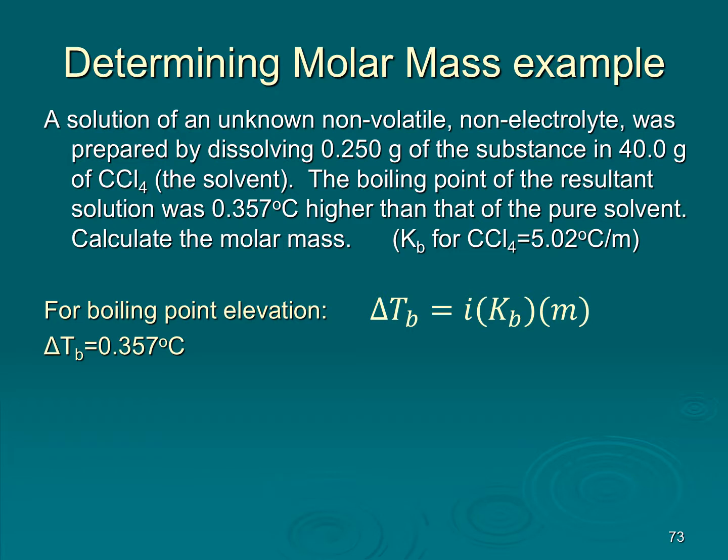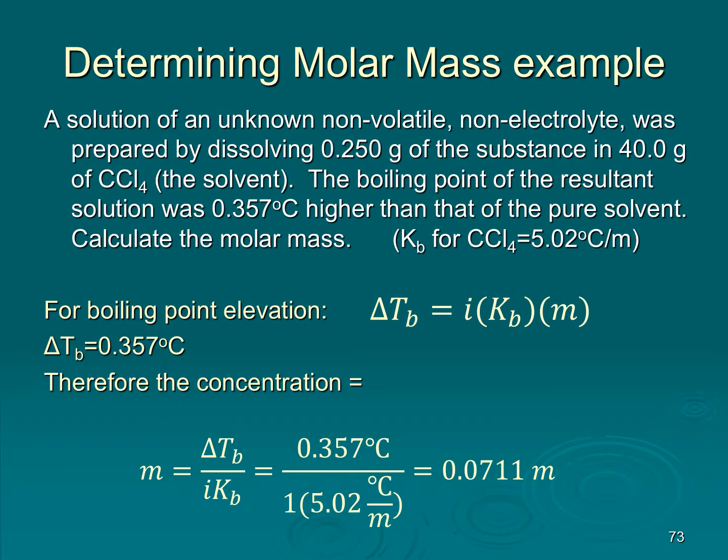Delta Tb was given in the problem, 0.357 degrees Celsius. We know what Kb is, so we can rearrange and solve for little m, for molality. So m equals delta Tb over Kb. Actually i Kb, but i is 1.